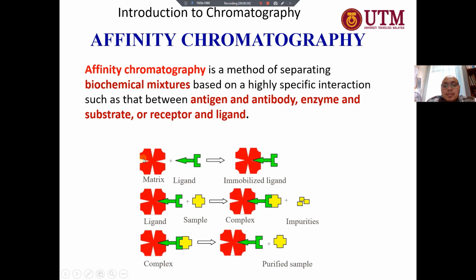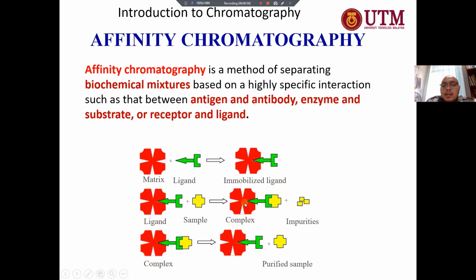Here we have the matrix attached with the ligand, and then we immobilize the ligand. Then we have the sample attach to our complex, and then we can remove the impurities.